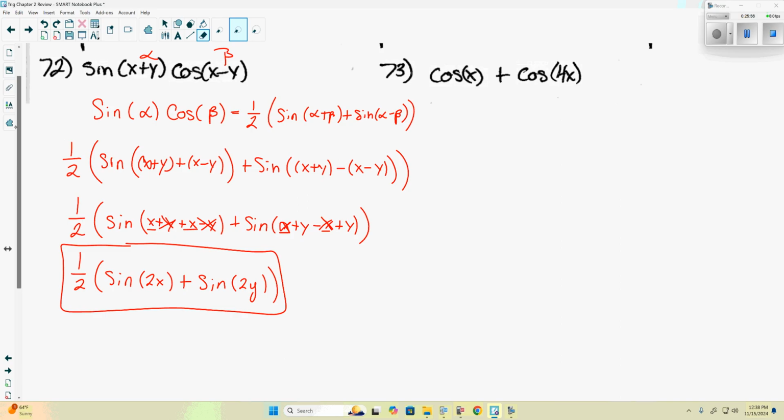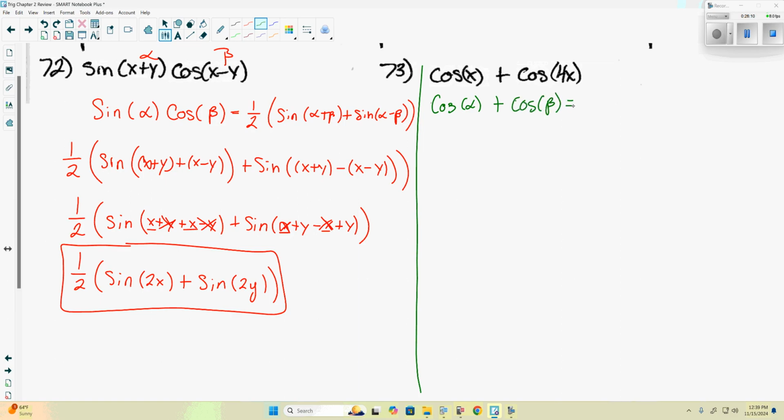Now the next one is a sum. So our answer we want to be a product. Cosine of alpha plus cosine of beta is equal to 2 cosine of alpha plus beta over 2 times cosine of alpha minus beta over 2. Now for us here, alpha is x, beta is 4x.